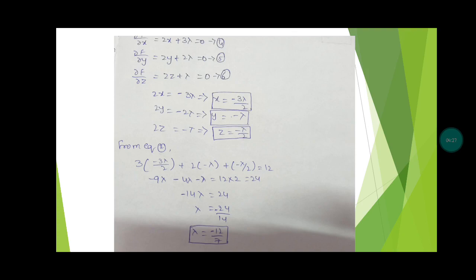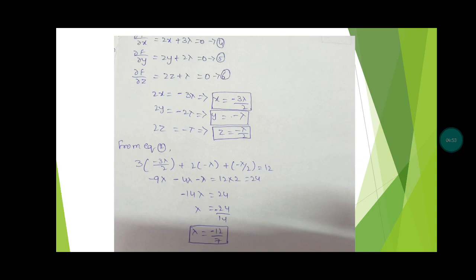From equation number 2, if we substitute the values of x, y, z, we get 3 times (-3 lambda by 2) plus 2 times (-lambda) plus (-lambda by 2) = 12. The next equation is -9 lambda - 4 lambda - lambda = 12 into 2.